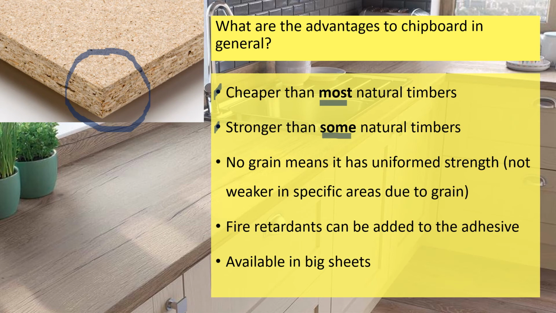You say cheaper than most natural timbers. Stronger than some natural timbers. Unless you know 100%, you'd be willing to bet your whole life savings, your car, your pet on that statement, you say cheaper than most or stronger than some natural timbers.